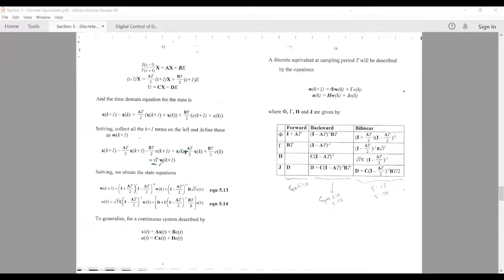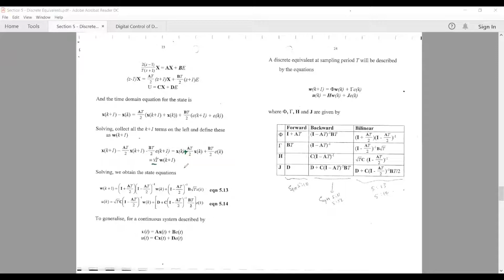Now we can solve for x by equating this to this left hand side. In a similar way, this left hand side is equal to root of t times w of k plus 1. If we solve that, and instead of k we put k minus 1, all of this will become x of k, e of k, and this w of k.